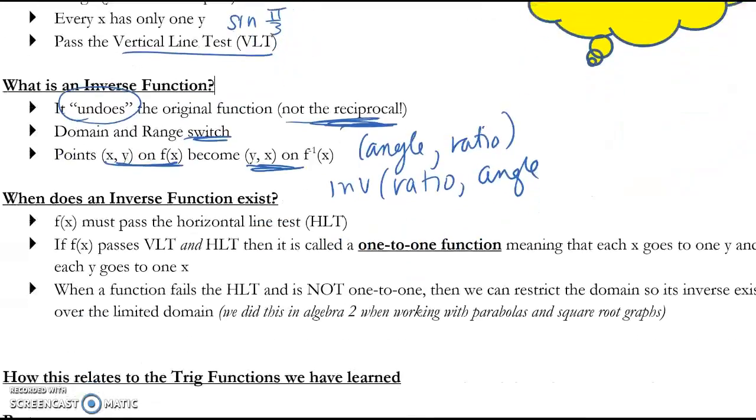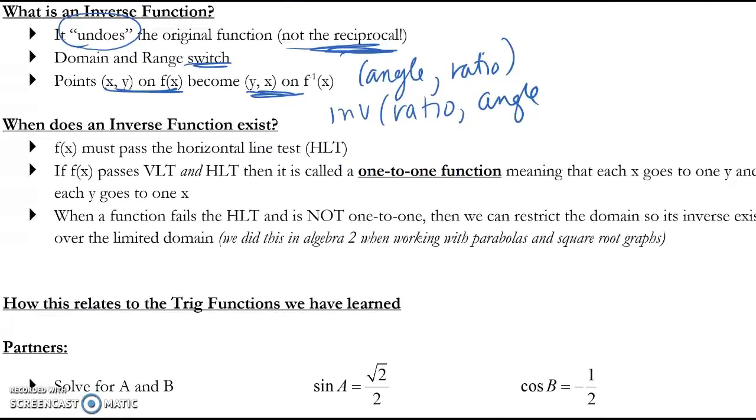So when exactly does an inverse function exist? Because they don't exist everywhere. In order for a function to have an inverse, it has to pass the horizontal line test, which I will abbreviate HLT. And if the original function passes the vertical line test and the horizontal line test, then we call this function one-to-one.